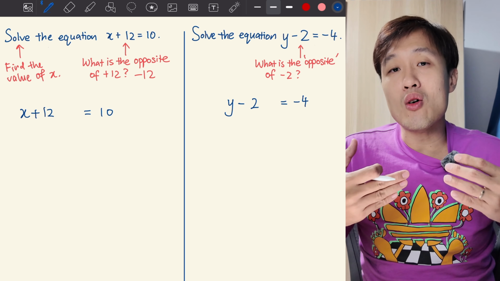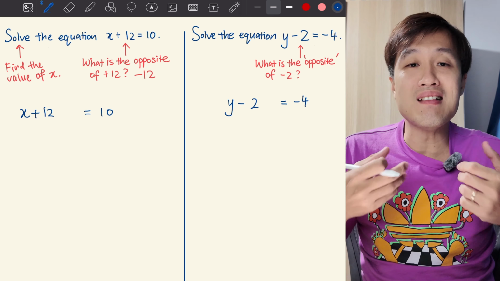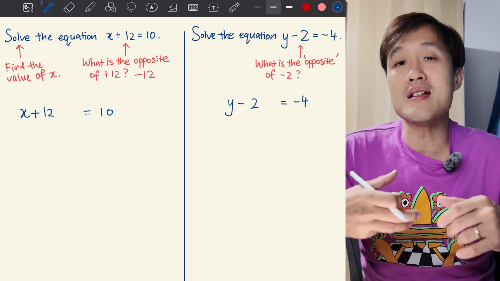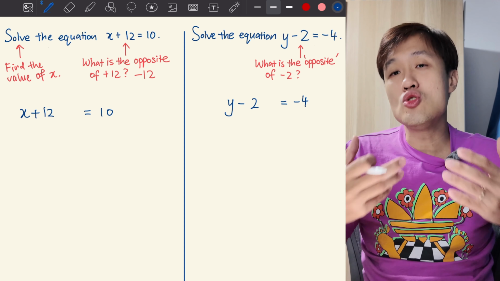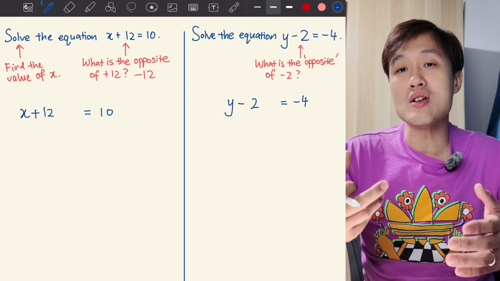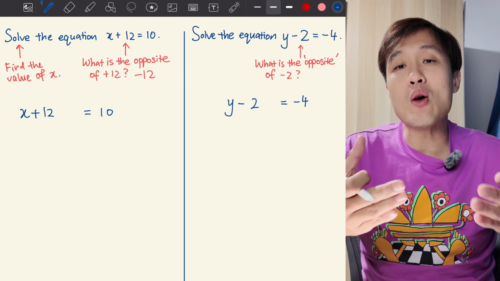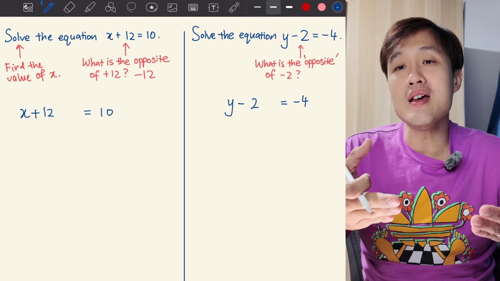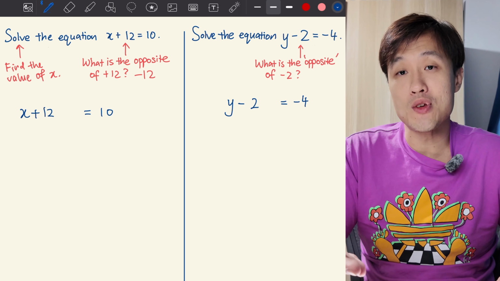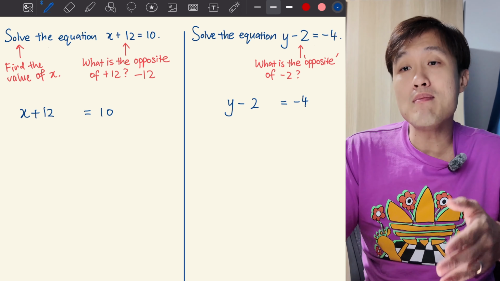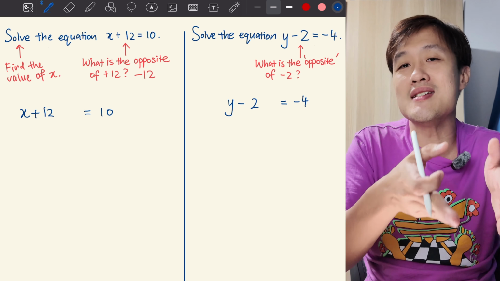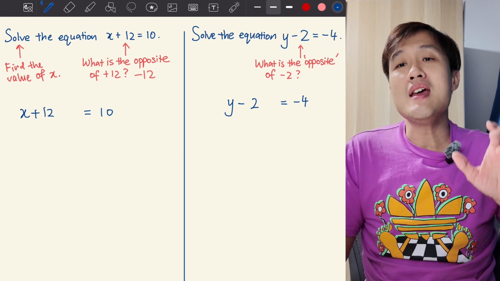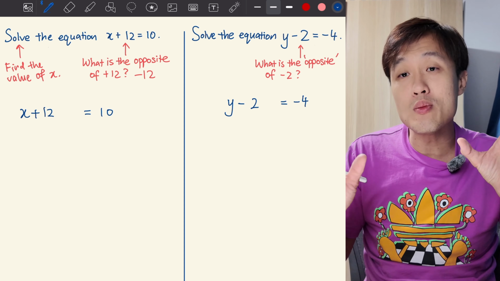Alright, so then lastly, let me unpack the word solve. We know that all these variables, all these letters, they actually represent a certain value. So our job in solving an equation is to find out what value it is trying to represent. So x plus 12 equals 10 and I'm supposed to solve it means I need to find out what is this value of x in order for the equation to be balanced.